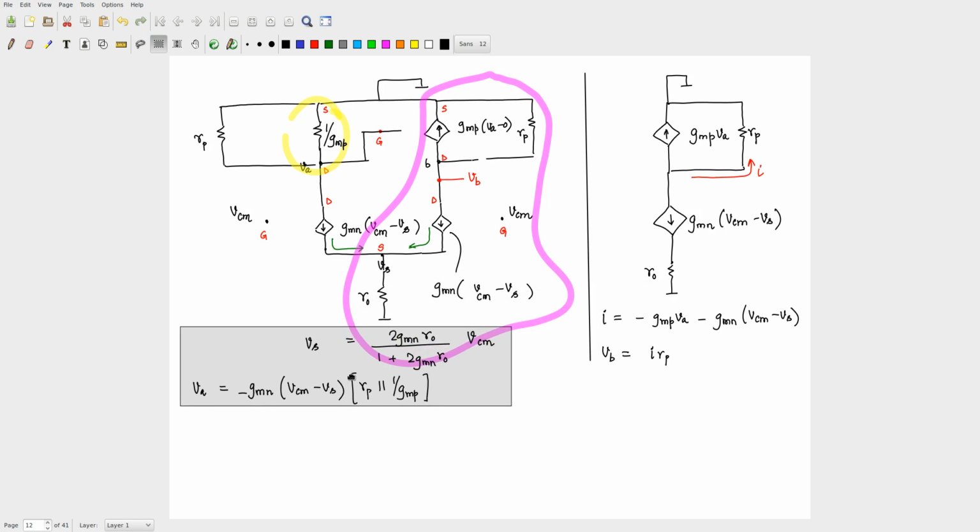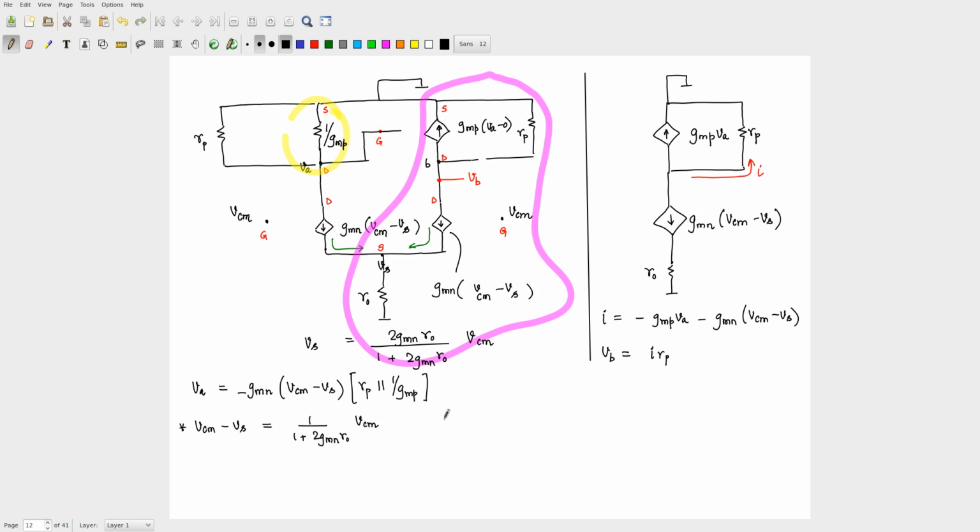I have this here. Okay, now can you simplify all of this and tell me what the answer is? Okay, so we can do it systematically. Vcm minus Vs, you see that this quantity exists here, so this Vcm minus Vs from here will become 1 by 1 plus 2 Gmn R0 into Vcm, right?